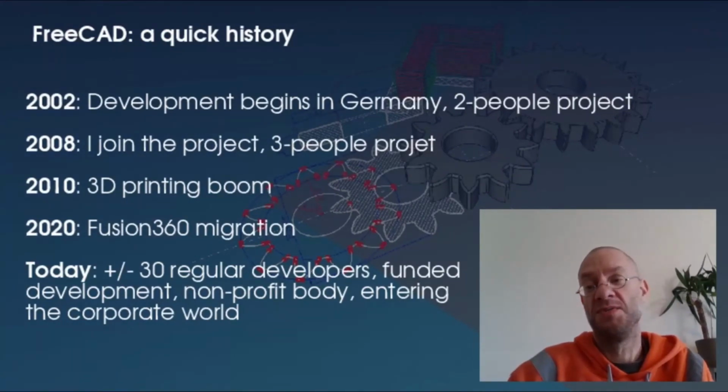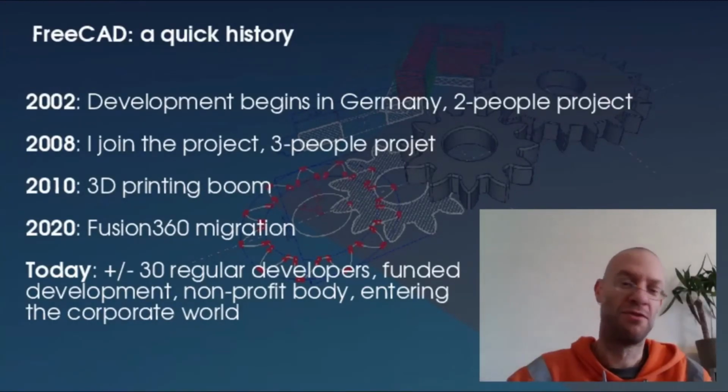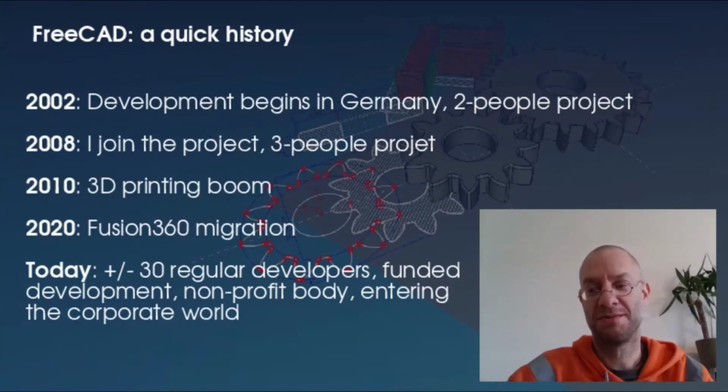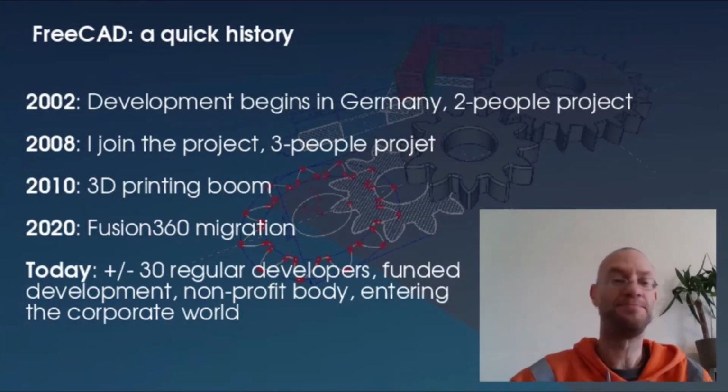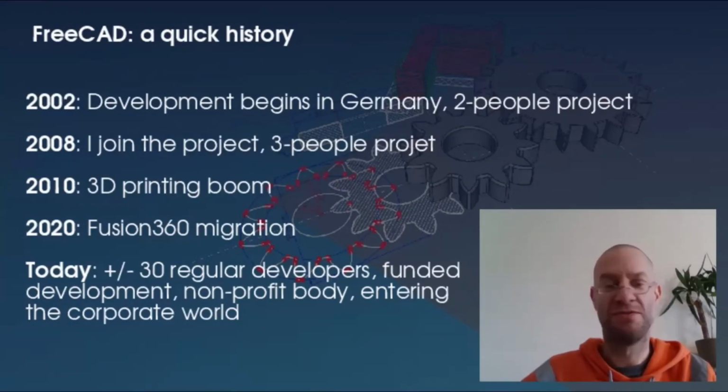Without it, probably FreeCAD wouldn't be there, because programming a geometry kernel from scratch would be close to impossible mission. So the project grew steadily, with 2 persons working on it for years.